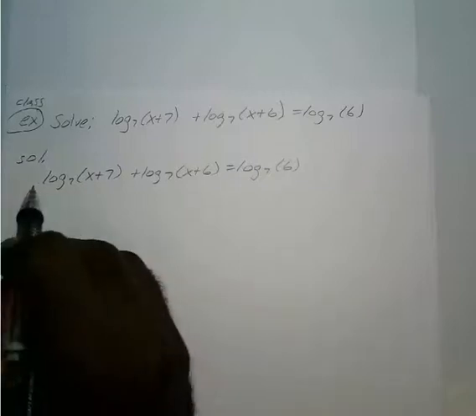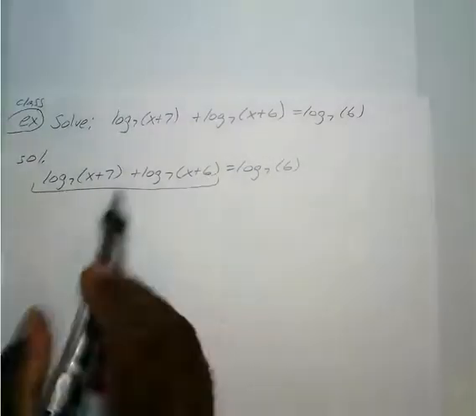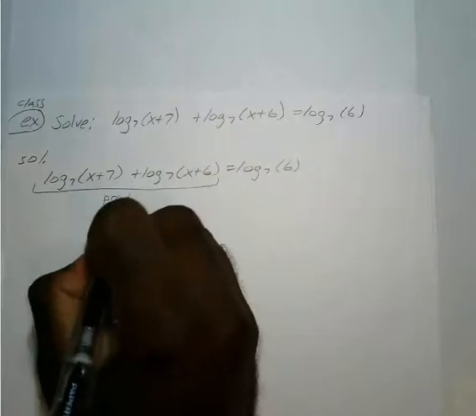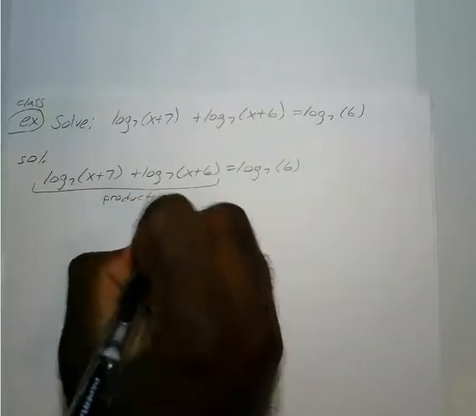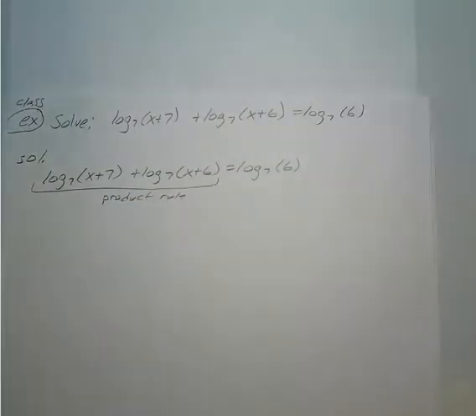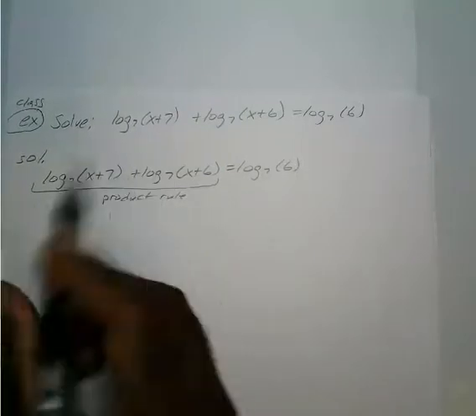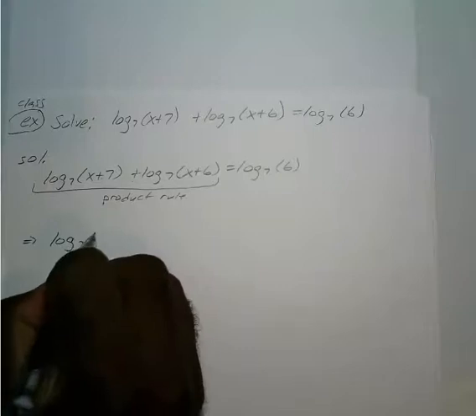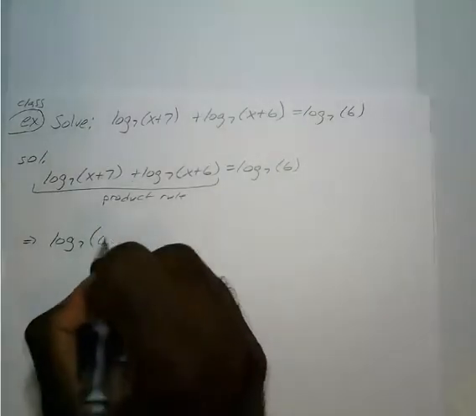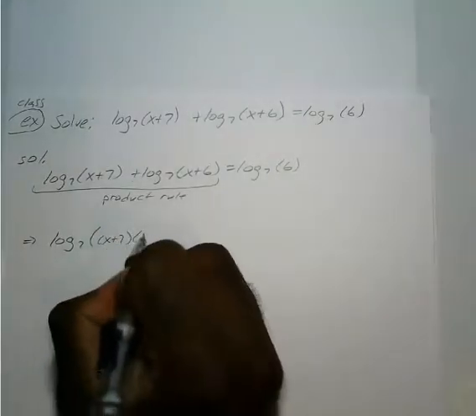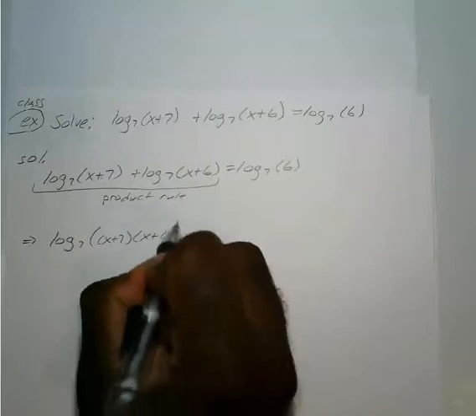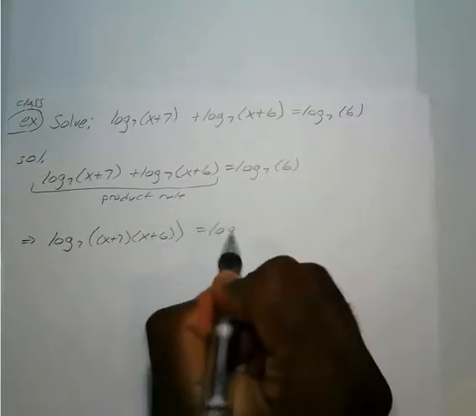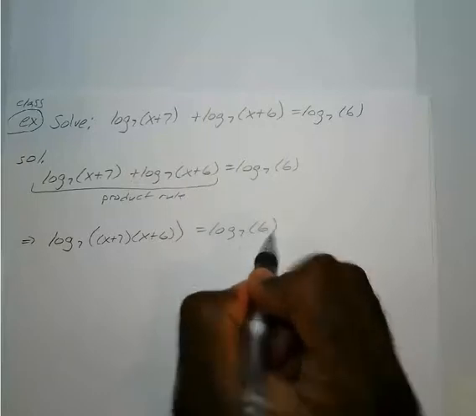Okay, so we see here that plus sign means you can use your product rule. Those two terms will combine to give you log base 7 of x plus 7 times x plus 6 equals log base 7 of 6.